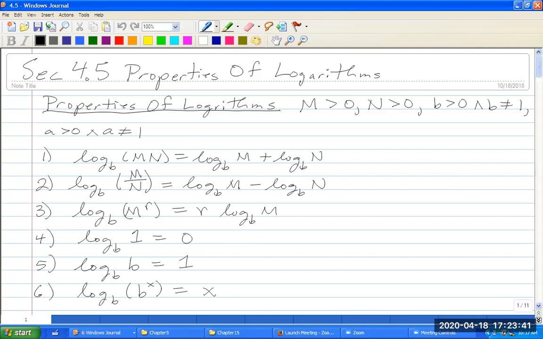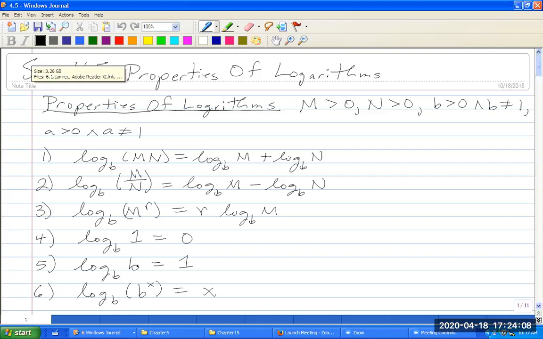That makes taking roots very easy. You're just multiplying, so that's a much easier operation. The log of 1 is always 0 for any base b where it makes sense. The log base b of b is 1.